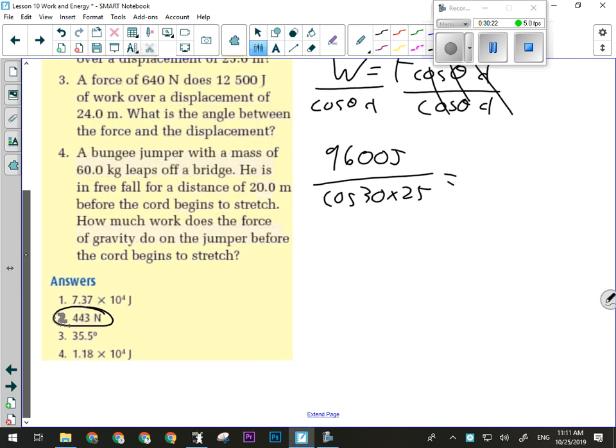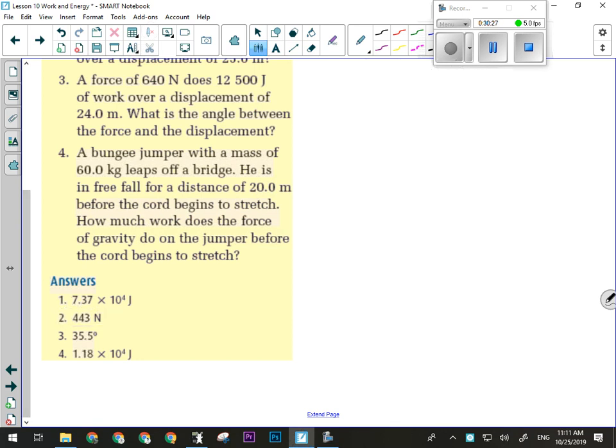Okay, we're going to skip number 3, but I want to talk about number 4 here quickly. You have a bungee jumper with a mass of 60 kilograms who leaps off a bridge. They're in free fall for 20 meters before the cord begins to stretch. How much work does the force of gravity do on the jumper before the cord begins to stretch?